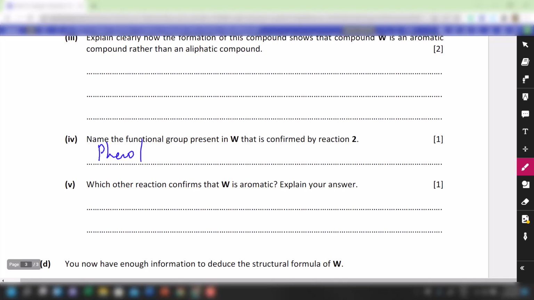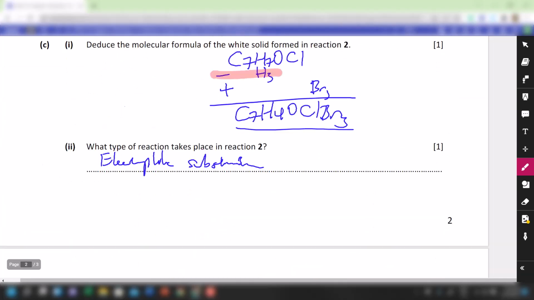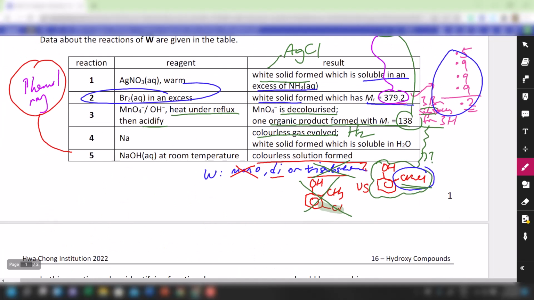Explain your answer. So the other reaction which confirms that it's aromatic is actually reaction 3, because for reaction 3 it is obvious that it undergoes side chain oxidation, or oxidation of the alkyl chain within the boundary of your syllabus. Of course, you only learn that when the side chain is bonded to the benzene ring.